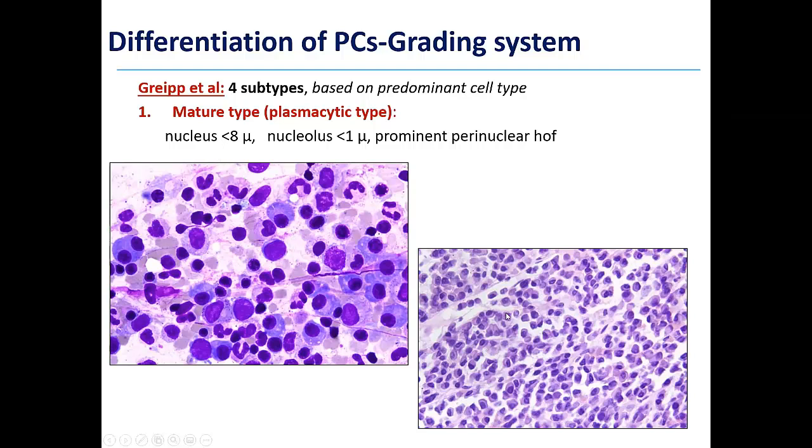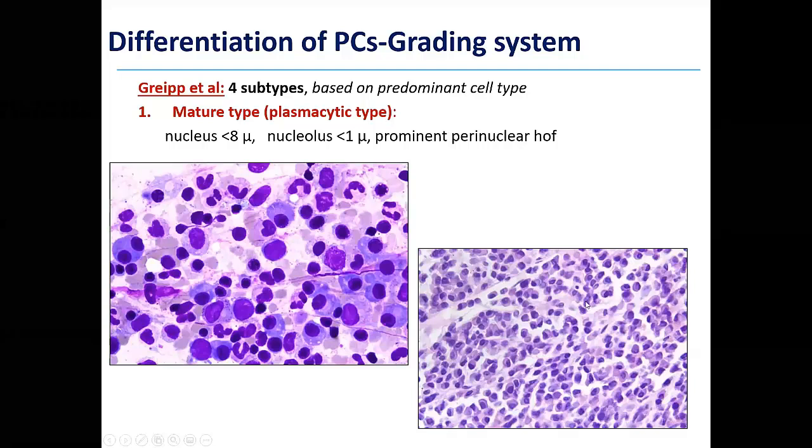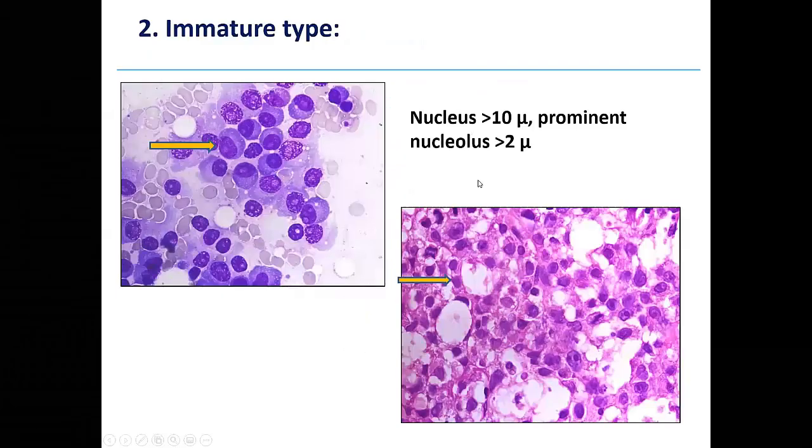Even on the bone marrow section, you find sheets of these plasma cells. Obviously, the number is much more than 60%, maybe 90, 95% in this field only. And we know that more than 60% plasma cells is highly suggestive of multiple myeloma. So this is the mature type or the plasmacytic type.